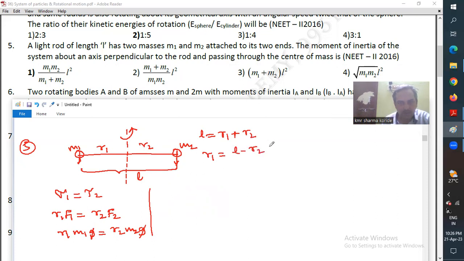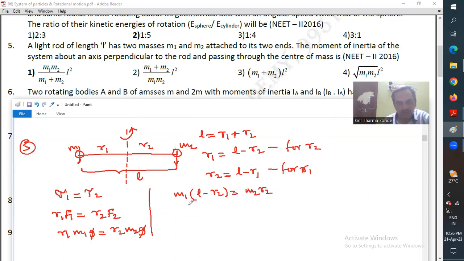This is to obtain R1. Similarly, with the same equation, R2 can be written as L minus R1. This is to obtain R2. So if R1 is replaced with L minus R2, M1 times (L minus R2) is equal to M2 R2.